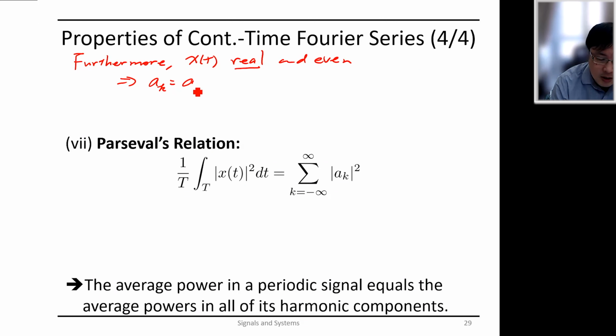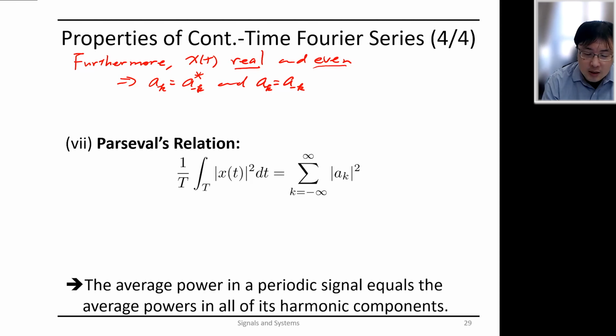And you know that if it is even, then the Fourier series coefficient should be even as well. So if it is even, then ak should be equal to a sub minus k.